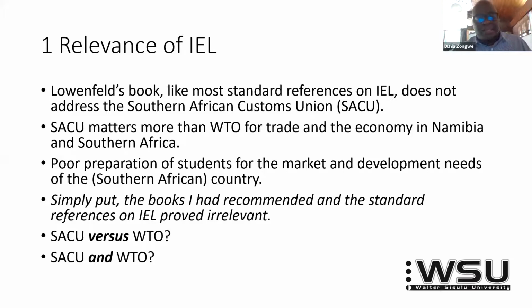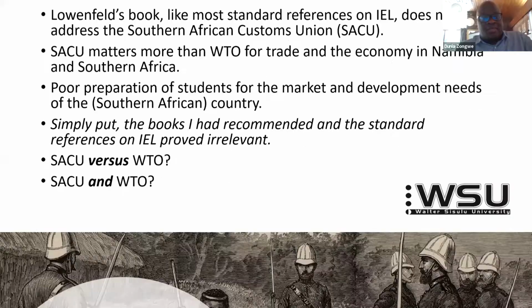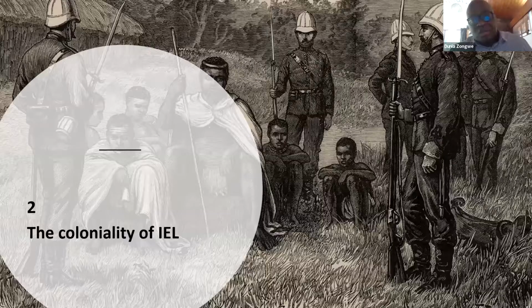In other words, I can create a synthesis between SACU and the WTO. Unfortunately, I wish it were that simple. That synthesis itself is problematic because of the coloniality of knowledge, which I will explain in a bit, what I mean by the coloniality of international economic law.